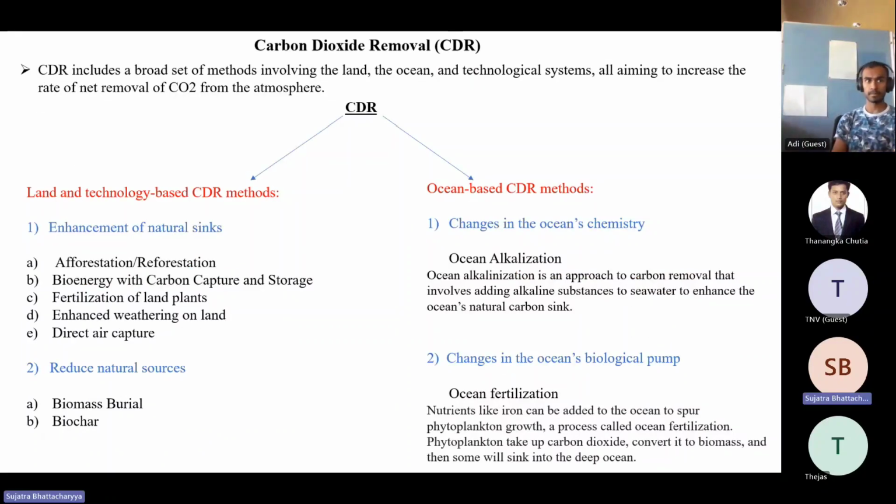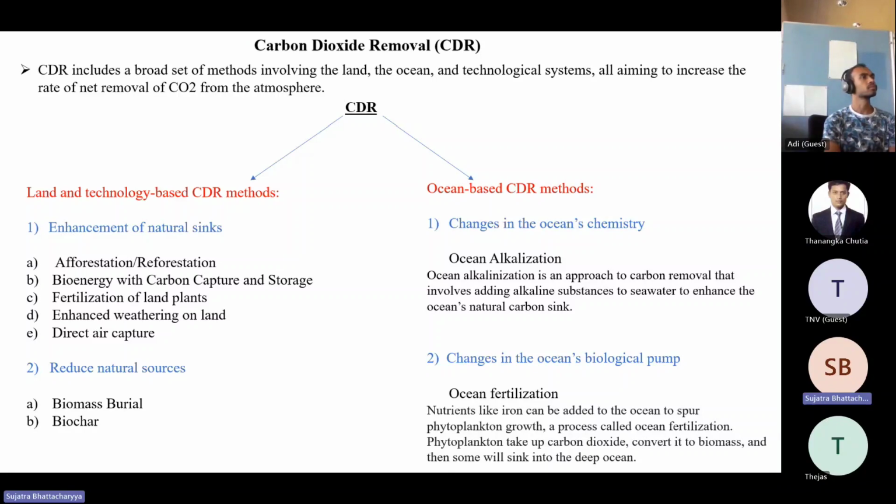So next, what is carbon dioxide removal? Carbon dioxide removal includes a broad set of methods involving land, ocean, and technology systems, all aiming to increase the rate of net removal of carbon dioxide from the atmosphere.